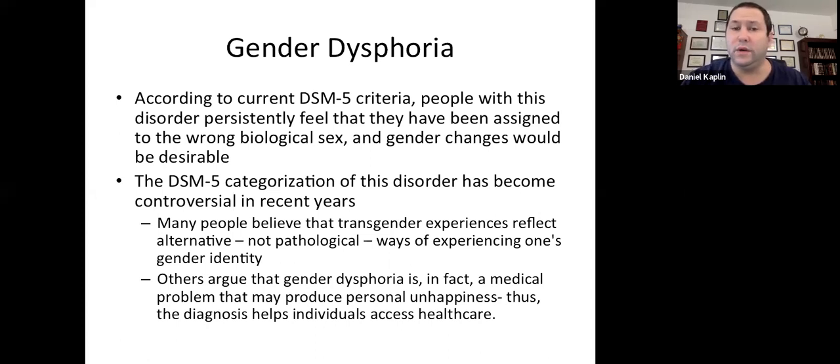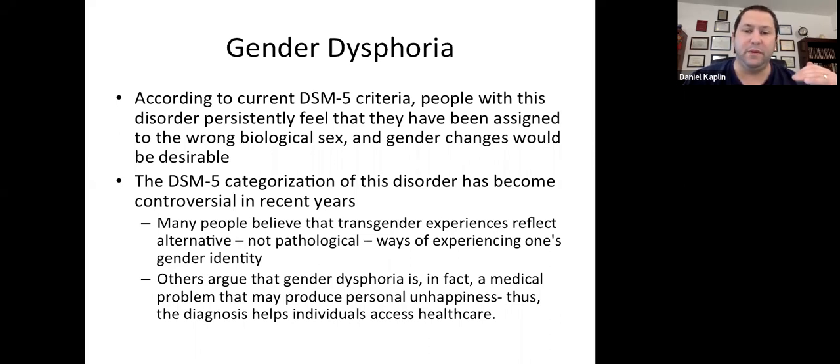So according to the current DSM-5 criteria, people who persistently feel that they've been assigned the wrong biological sex and a gender change would be desirable would be consistent with a diagnosis of gender dysphoria. However, as I mentioned in the intro, this diagnosis is controversial.